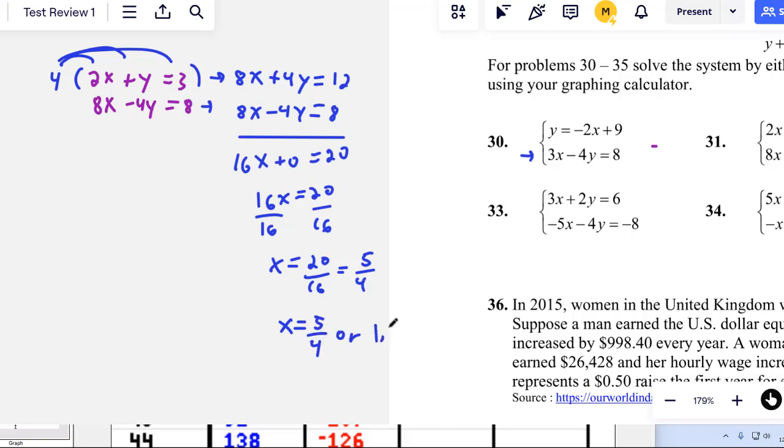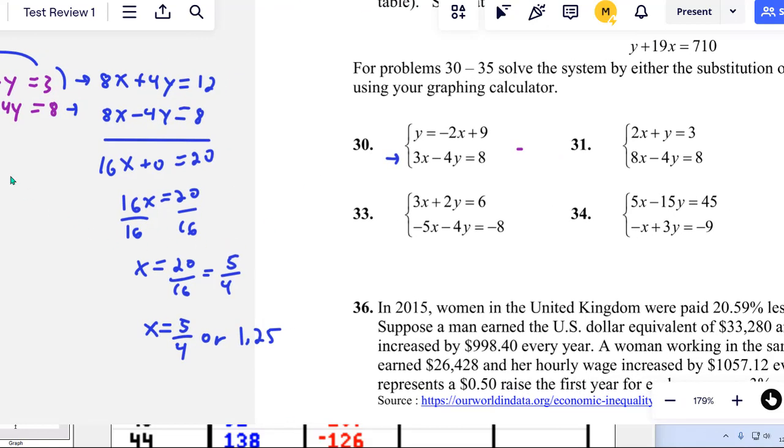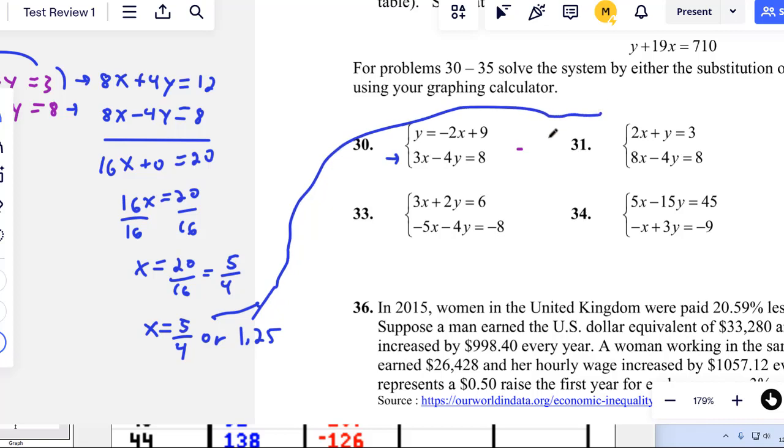Or you could write it as 1.25. To find my y, I need to substitute this value for x, either one, into, I could put it here or here, right? But since I'm looking for y, I'll use the top equation, right?